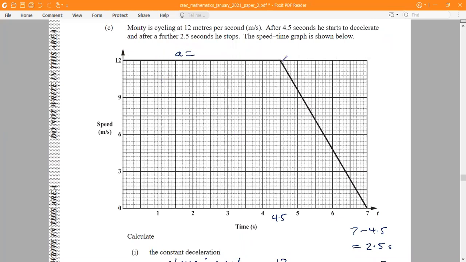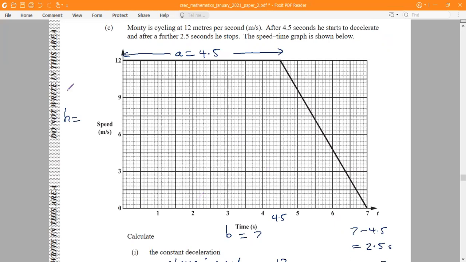right, from 0 to 4.5. So a is equal to 4.5, right? This distance here. While b, right, is from 0 to 7, right? Okay, so we have a and b, and we have height here being 12, right?